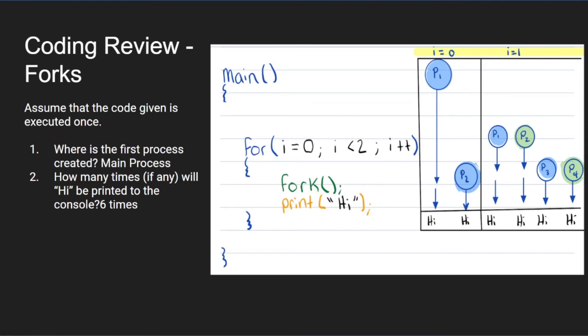And then i iterates to 1, and the main process will again fork and create a third process, and the child process from the previous iteration will also fork and create another process, and all 4 of those processes will print out hi. So that's 6 times.